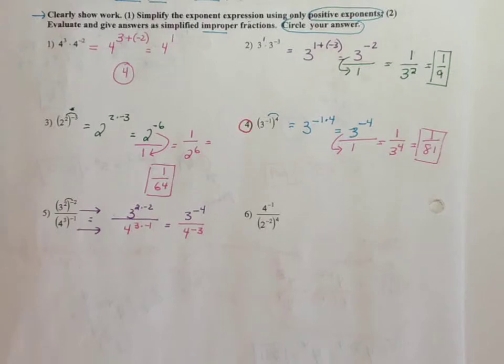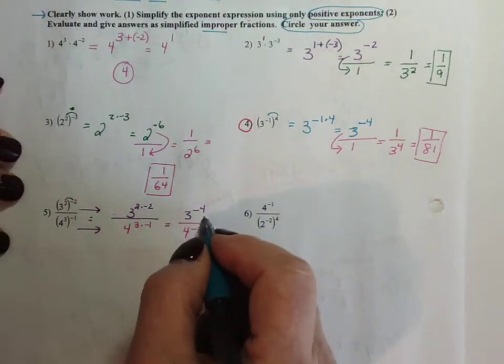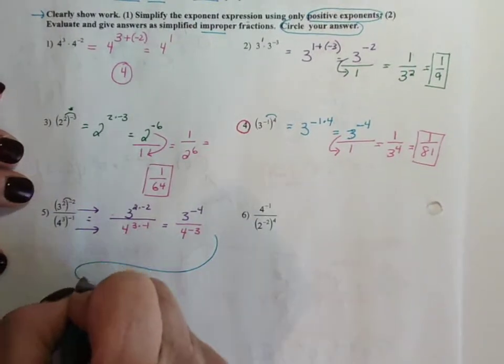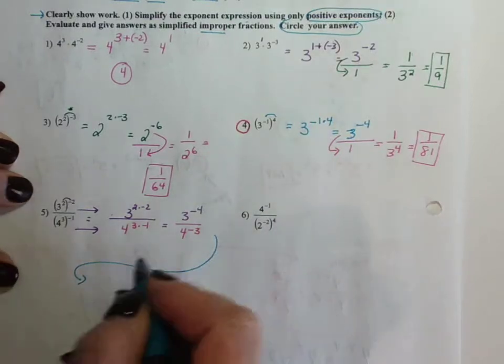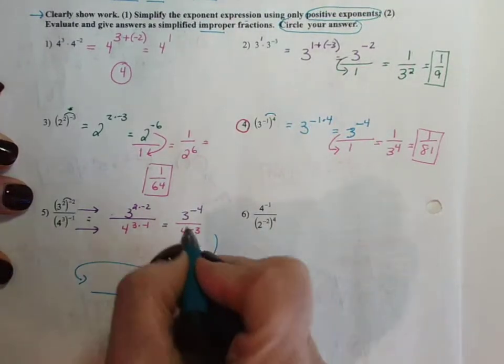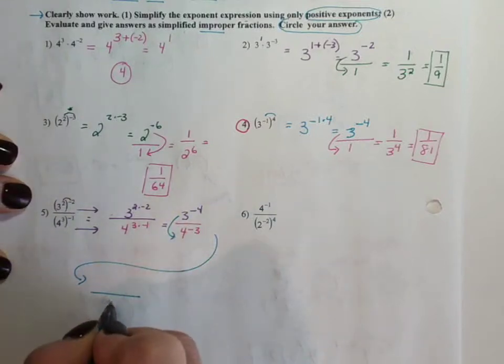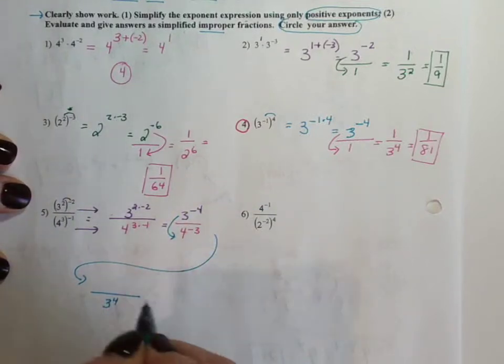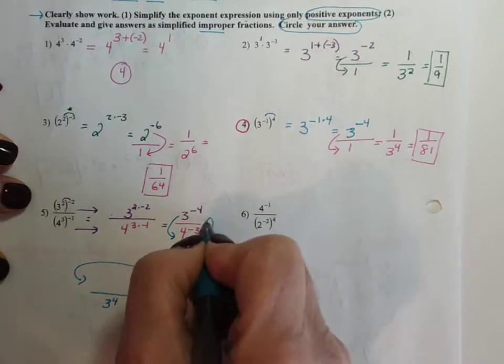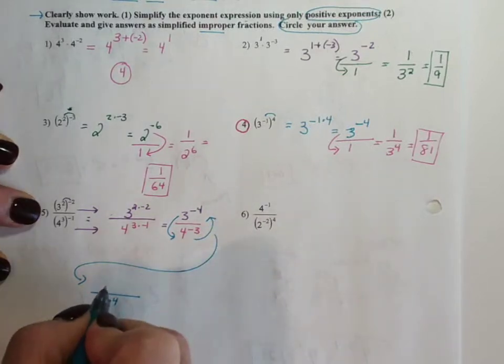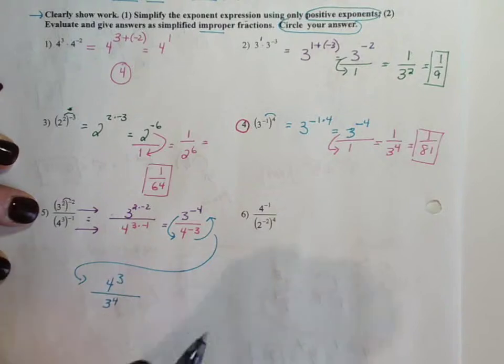Now I have to make these negative exponents positive exponents. So with my fraction, 3 to the negative 4 is going to go into the denominator. That's 3 to the 4th. 4 to the negative 3 is going to go into the numerator. That's 4 to the 3rd.